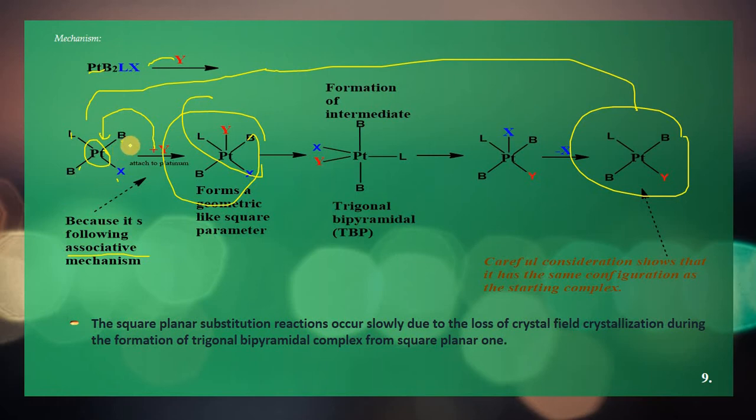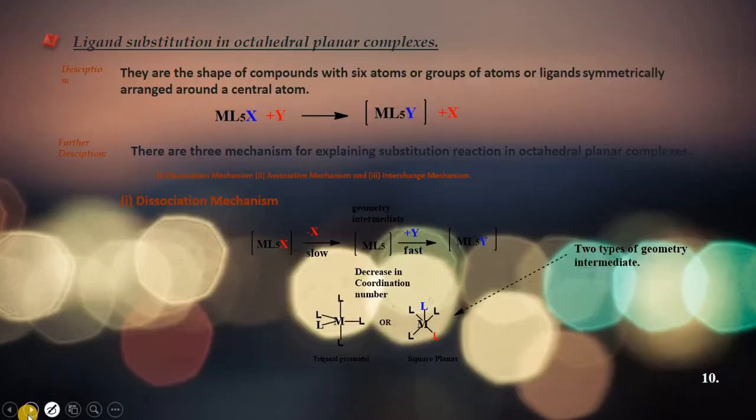We can see B, L, B, L, but Y has already entered and S has already left. So now the Y ligand, which can be any type of ligand, associates itself with platinum. The square planar substitution reaction occurs slowly due to loss of crystal field stabilization during formation of the trigonal bipyramid complex for square planar one. So it's a slow reaction.